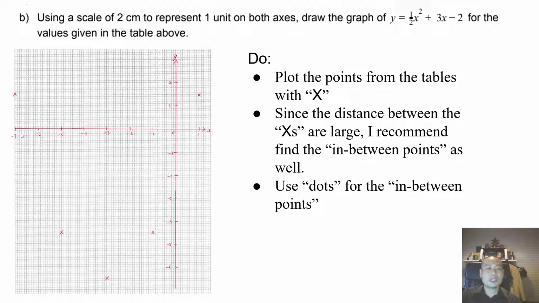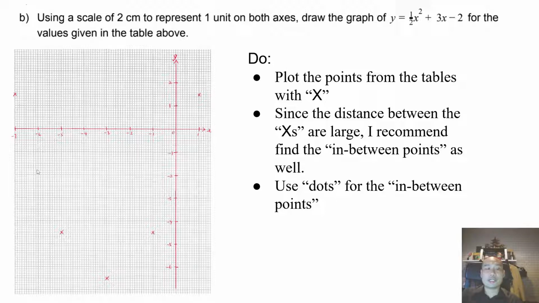For example, when x is negative 7, I have a point here, but when x is negative 6, I don't have a point in this area. So I substitute x equals negative 6 into my original function, y equals half x squared plus 3x minus 2, and get that value.